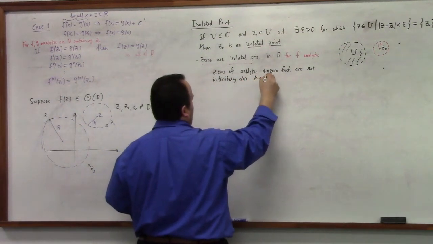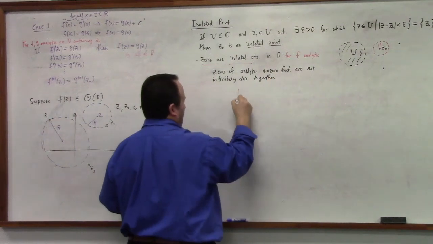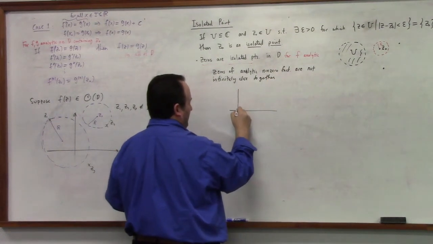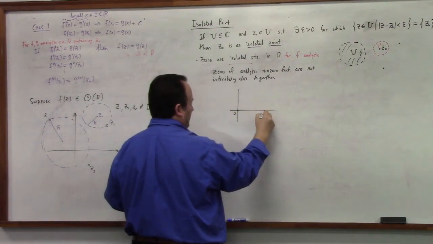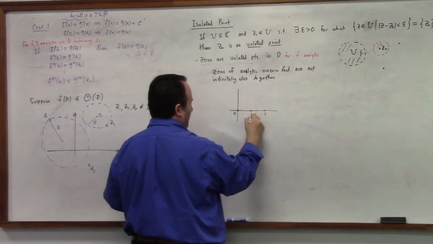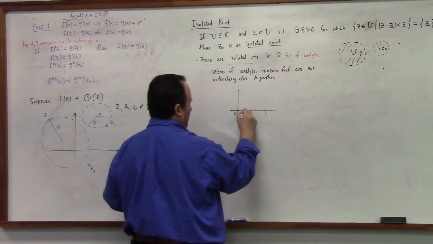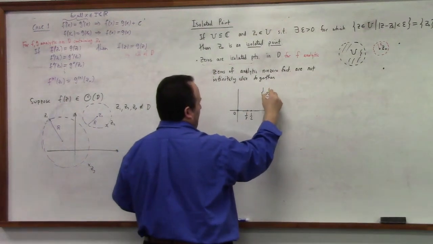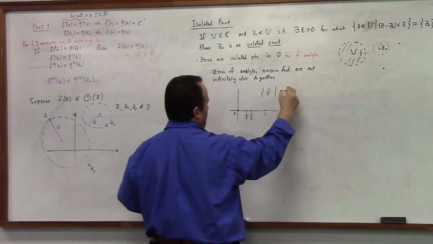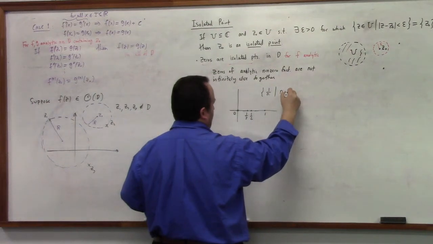Like, you can't have the situation that here's the complex plane and here are the zeros of your function. There's one at 1, there's one at a half, there's another zero for your function at 1/3, right? You couldn't have a set of zeros be like 1 over n, such that n is in the natural numbers.